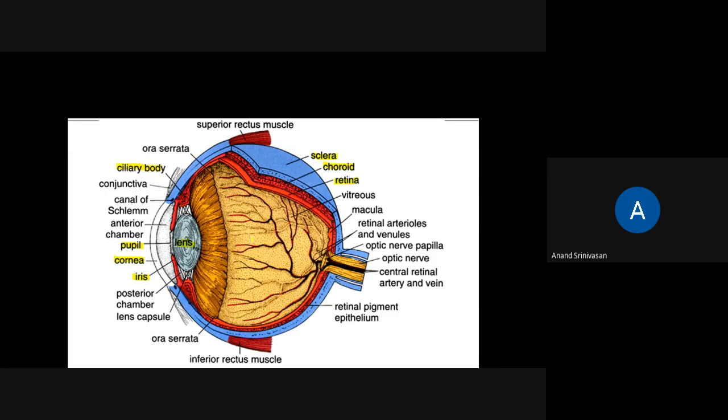But naturally, the lens adjusts the focal length by itself. So that's why many people need not have specs.